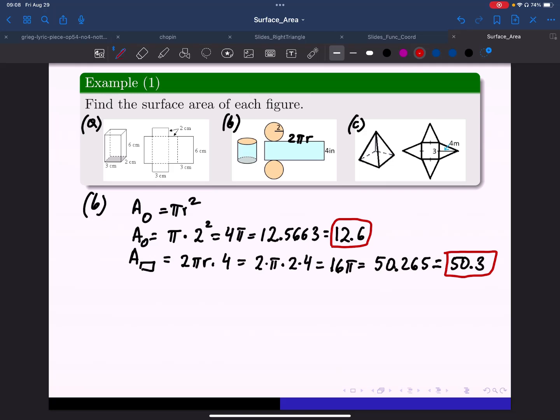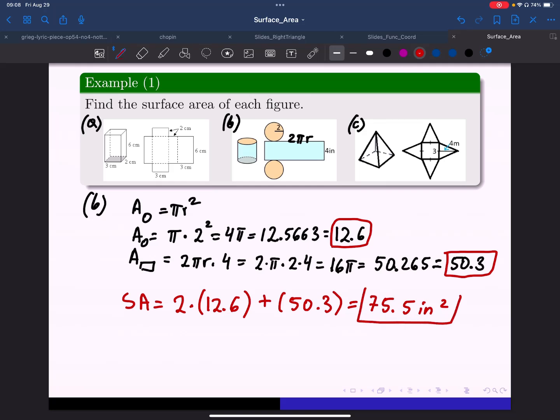So the total surface area would be 2 times 12.6 plus 50.3, because the 2 times comes from the one circle on the bottom and the other on the top. So if we multiply this all together, we should get 75.5 inches squared. That's my total surface area.